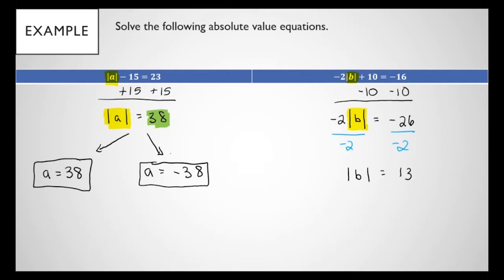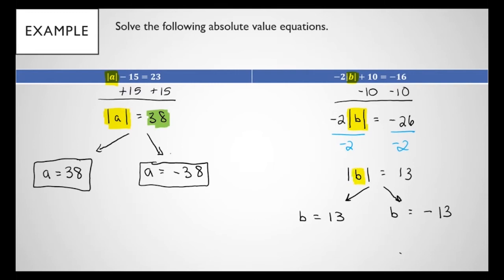And then once you get that absolute value by itself, that's where you want to write your two separate equations. So you take your inside, which is B, you set it equal to the outside, which is 13. And then your second equation, you take your inside, and it's equal to the negative of the outside. So you get negative 13.